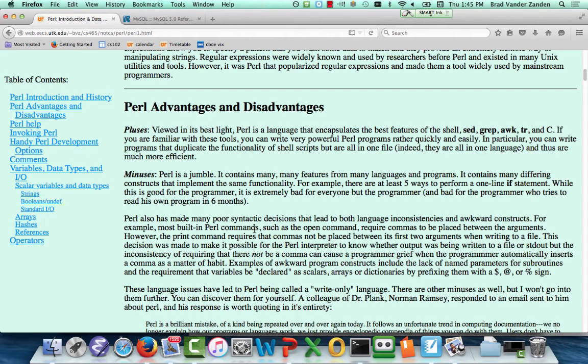Its disadvantage is that Larry Wall wasn't really concerned with readability. Perl is a nightmare to read. If you come back and look at your Perl program after even a month, chances are you will have trouble reading it. Perl has been called a write once, read never language.